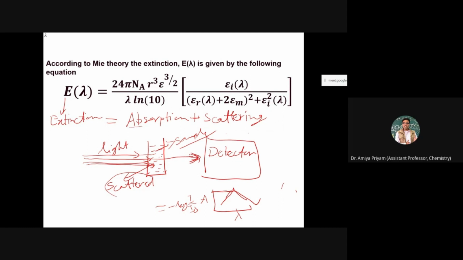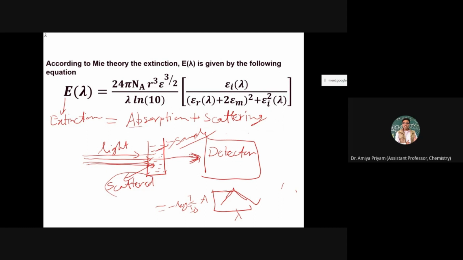That is true when you have a small molecule or a complex that is a few angstroms in size. But when you have particles of 10 nanometers, 50 to 100 nanometers, there will be a significant component of scattered radiation which will not reach the detector. And the algorithm is like that: it will take everything not reaching the detector as absorption.